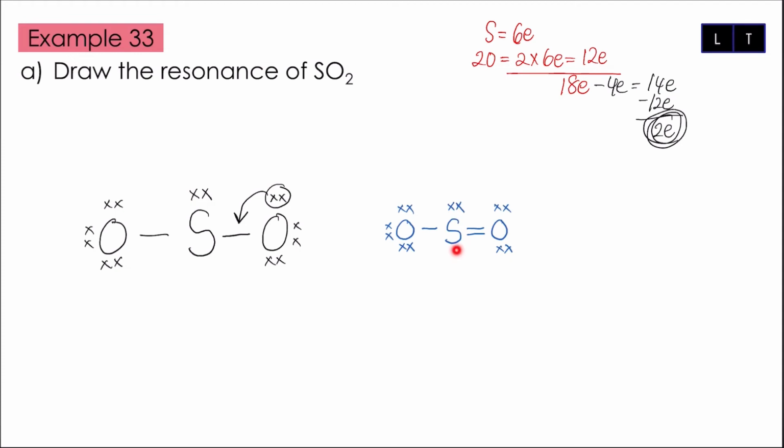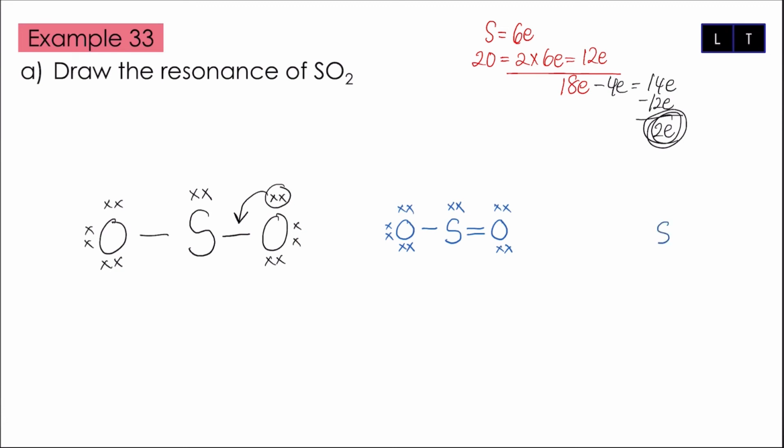But right now, there is one more possibility to draw the resonance structure, because I can see that I also can take and make a double bond from the oxygen on the left. If I take a lone pair from the oxygen on the left, I will have a double bond here, and here stays as it is with a single bond. So I'm going to draw another structure.